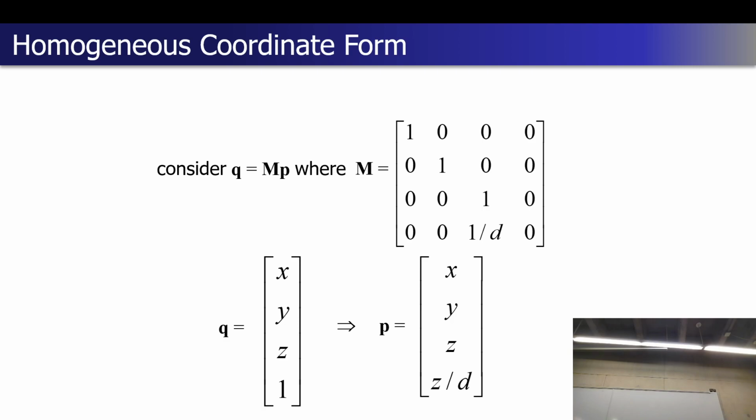We wind up then scaling not any of those values, but the value of w by z over d. So notice this element is in a place where we haven't been putting any matrix elements as of yet, right? So this would be w, assuming it starts off at 1 here, is equal to that value of w times z over d.